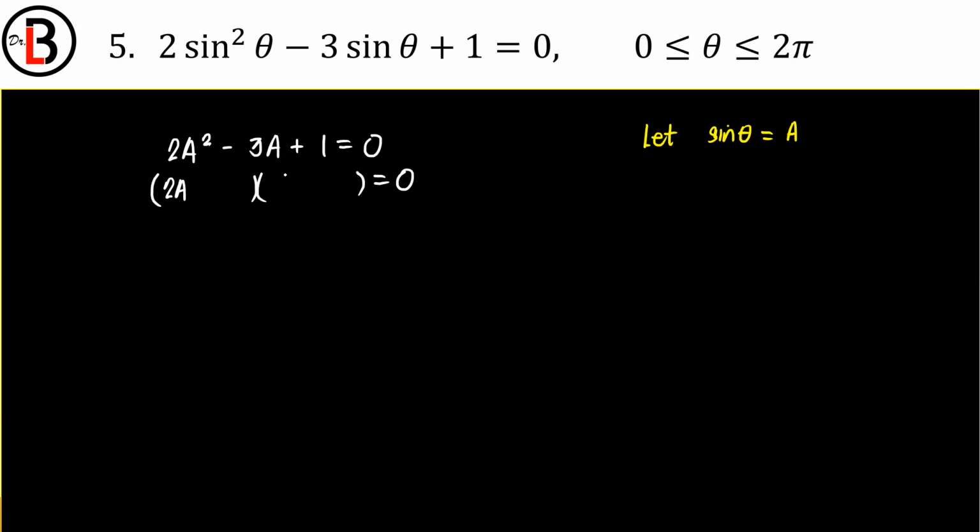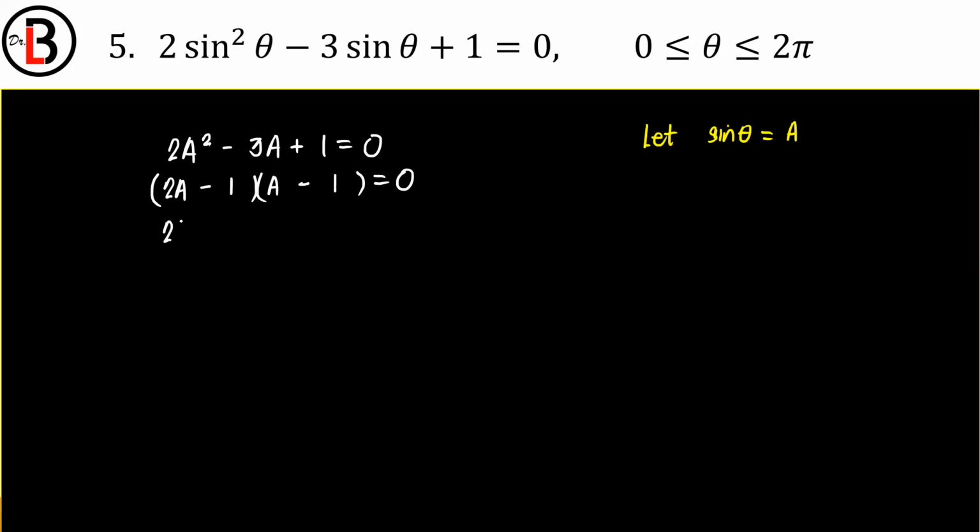That's 2a, and then a, and then here, minus 1 and minus 1. So let's check. 2a and a is 2a squared. Negative 2a and negative a gives us negative 3a. Negative and negative gives us positive 1.